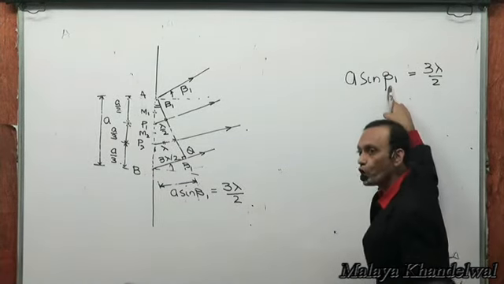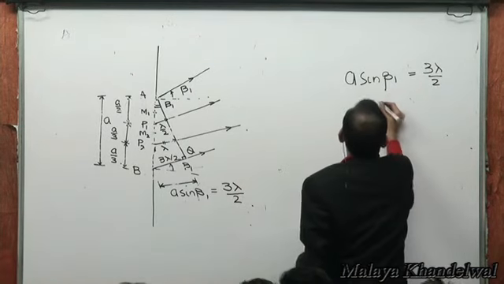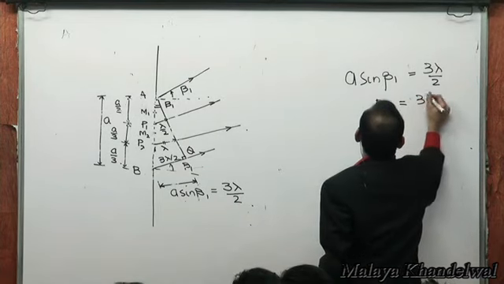Again, beta 1 is small, right? So beta 1 is approximately 3 lambda by 2A.